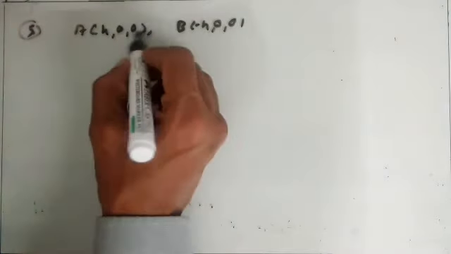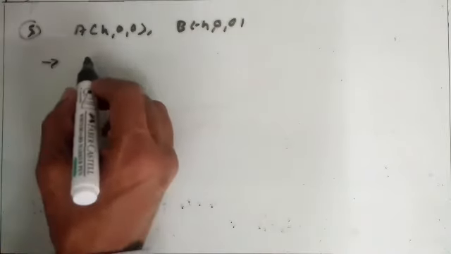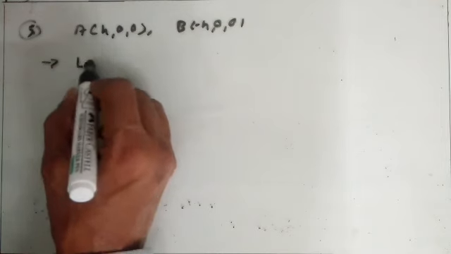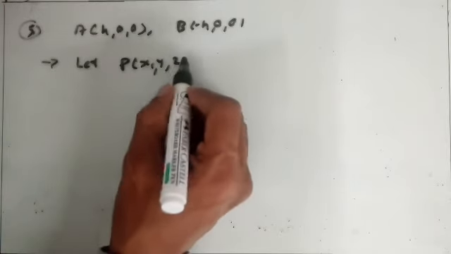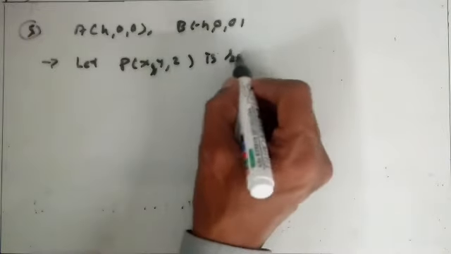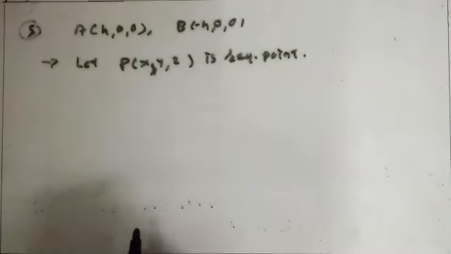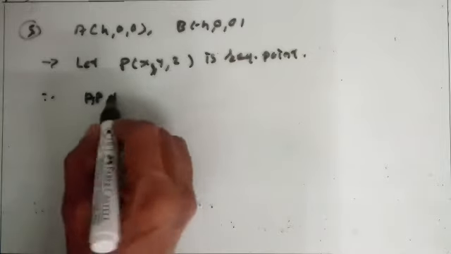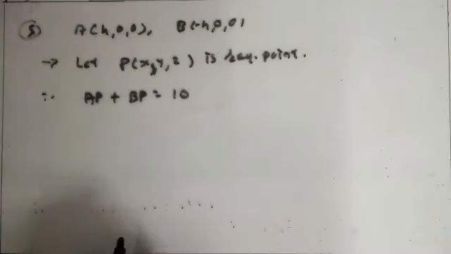First, suppose the coordinates of the required point are x, y, z. Let P (x, y, z) be the required point. Therefore, AP plus BP is equal to 10.